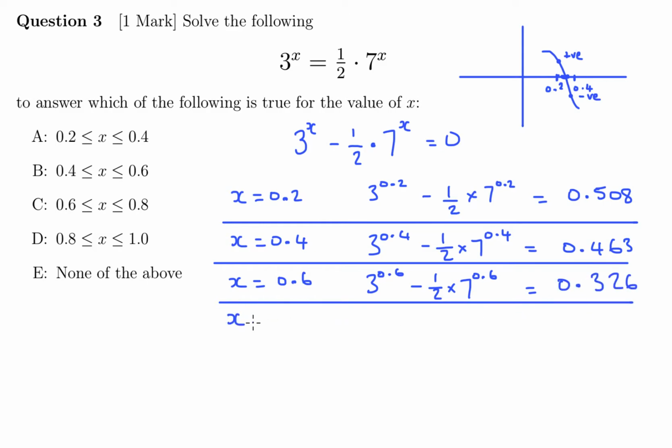When x is 0.8, I think it's going to be E. Let's see. Oh, no, it might be D. When it's 0.8, we get 0.0366.